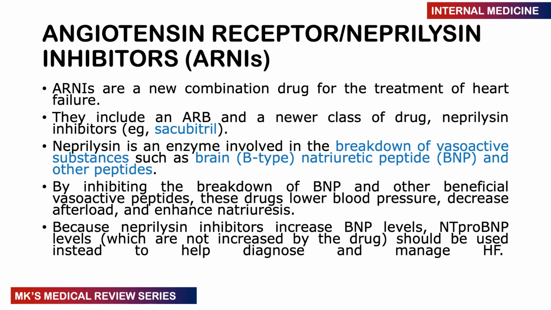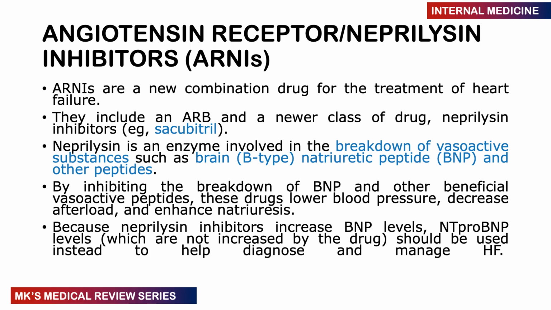It's not going to be breaking down a specific type of natriuretic peptide that is known as the N-terminal pro-brain natriuretic peptide, or NT-proBNP. So it means we can still use the NT-proBNP as a diagnostic tool in patients with heart failure to show that there is some strain being put on the heart.